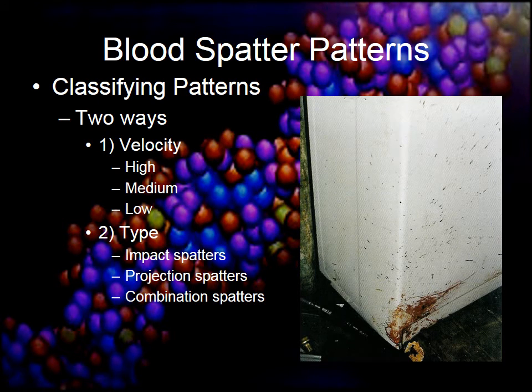Different types of classifications of patterns. There's three different velocities, and two ways to classify these patterns. One is velocity and two is type. We'll talk about high, medium, and low velocity, and the two types: impact spatters, projection spatters, and combinations of the two.